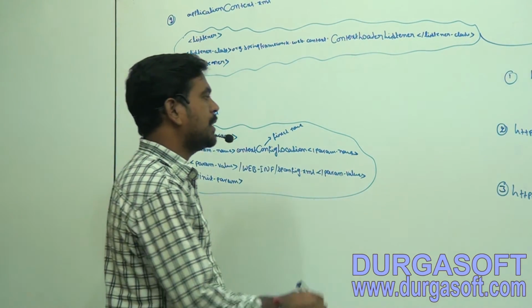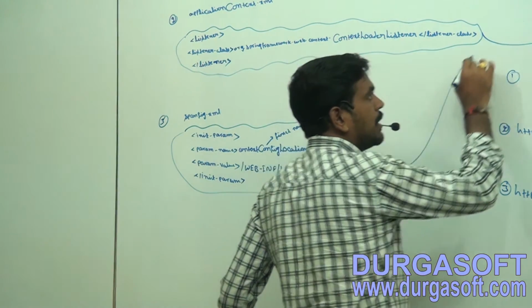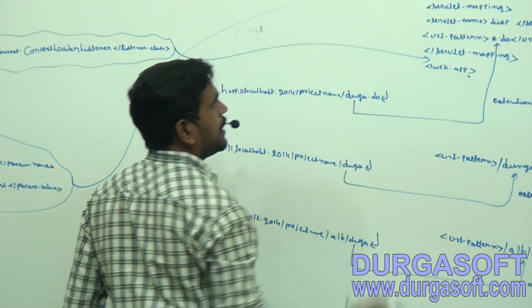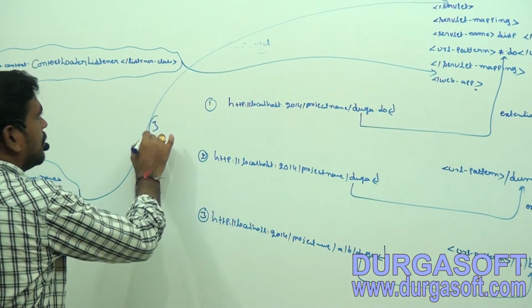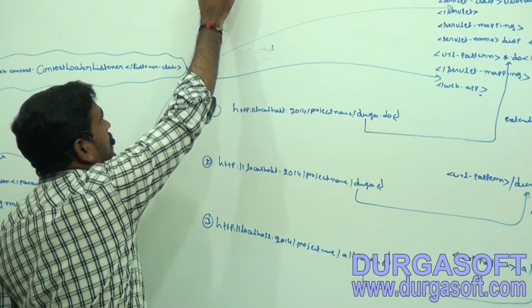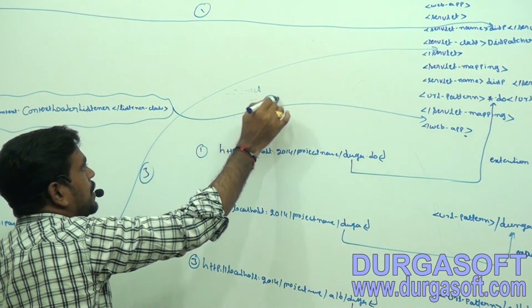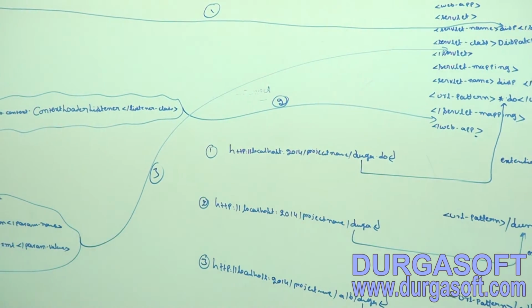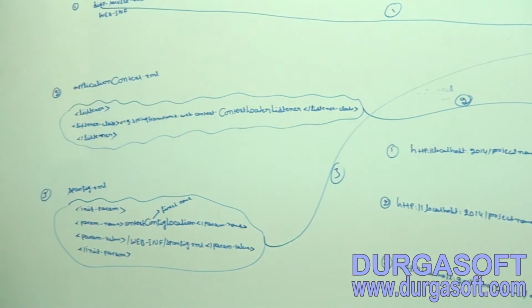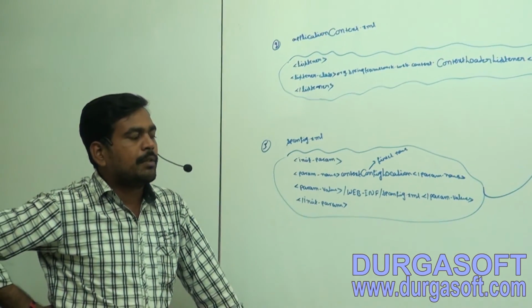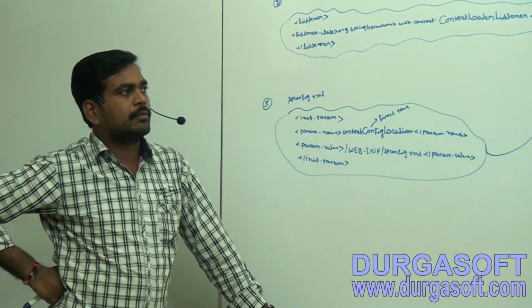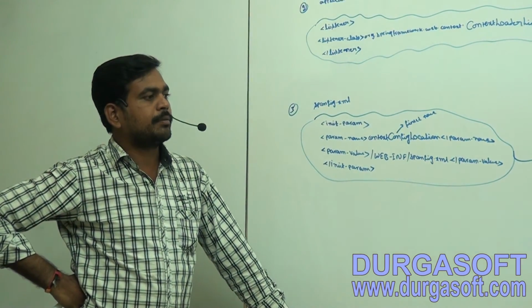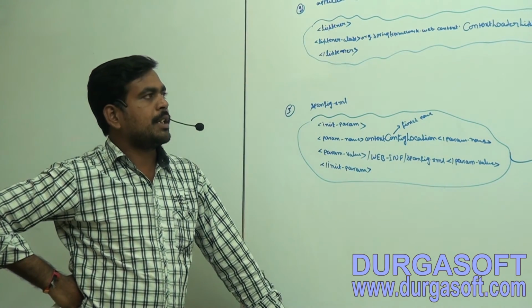Where can you configure this init param? Inside the servlet tag. This is the first approach, second approach, third approach. We can configure like that.